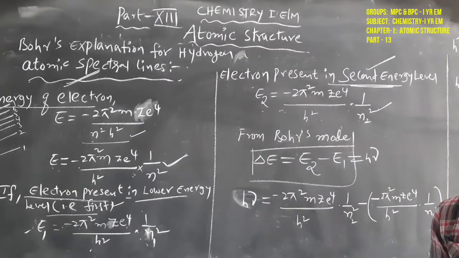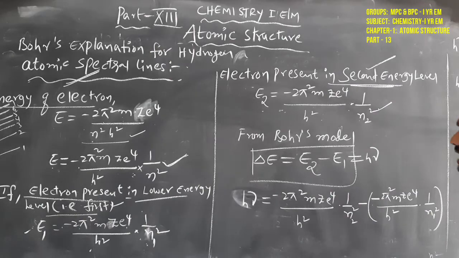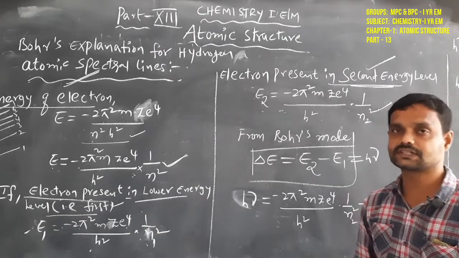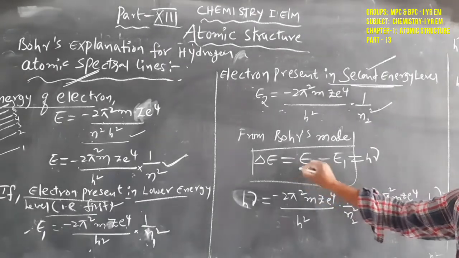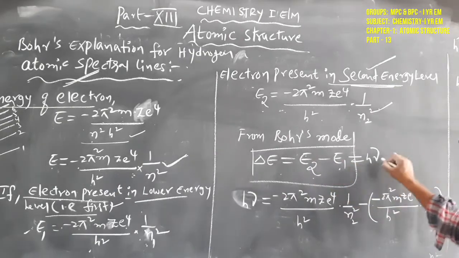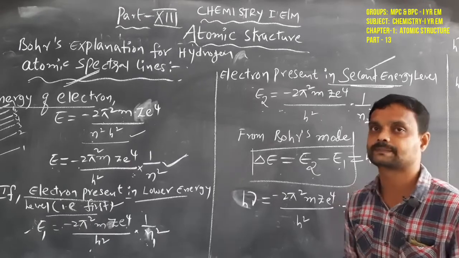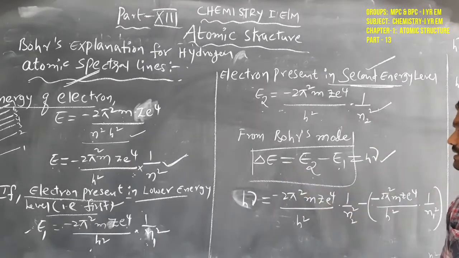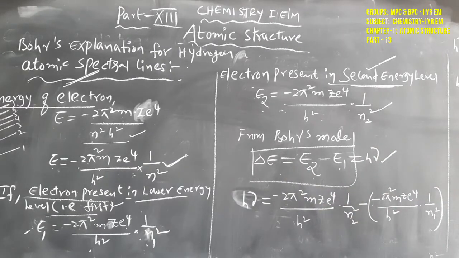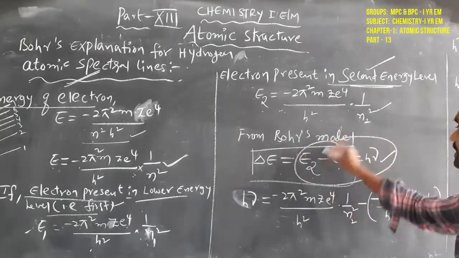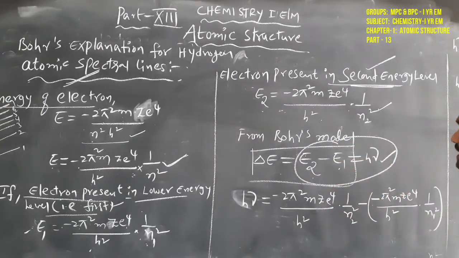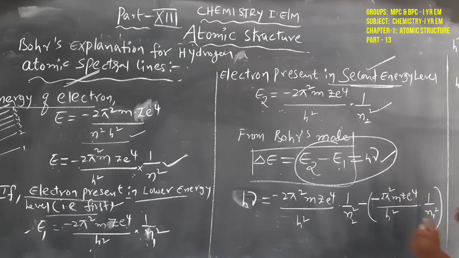From the postulates of Bohr's atomic model, delta E is equal to E2 minus E1, which is equal to h nu. So h nu is equal to E2 minus E1. We are using this equation.